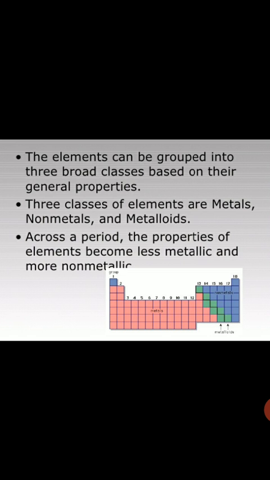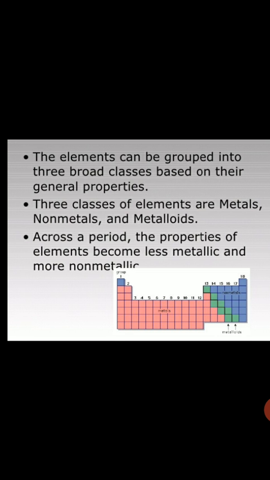Now, across the period when we are moving, the properties of elements become less metallic, right, and more non-metallic. So, toward the left side of the periodic table we have the metals, and toward the extreme right hand side we have the non-metals, right?